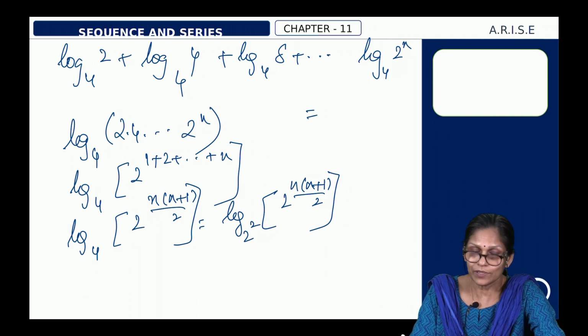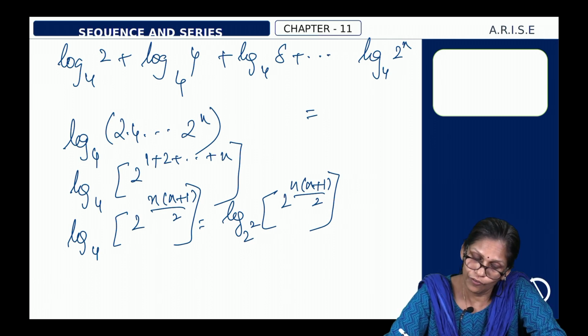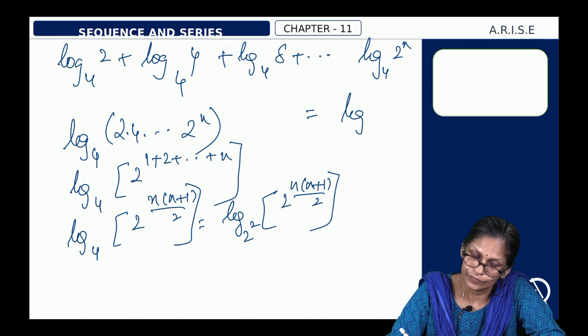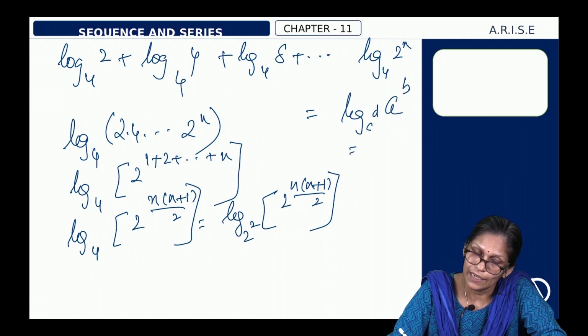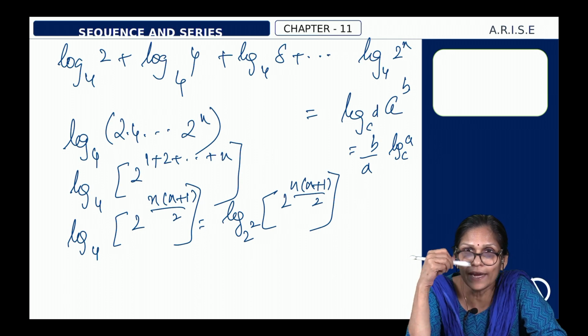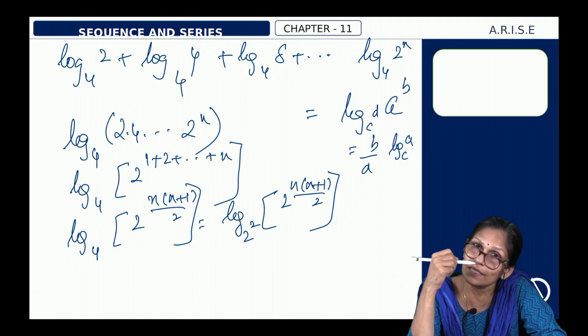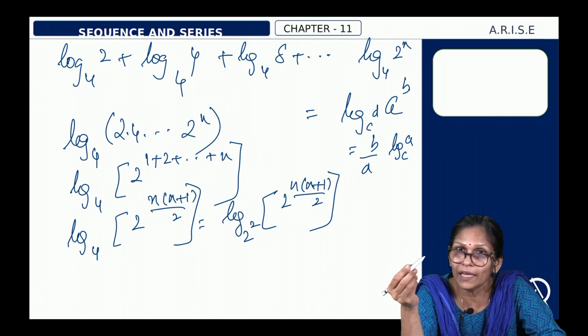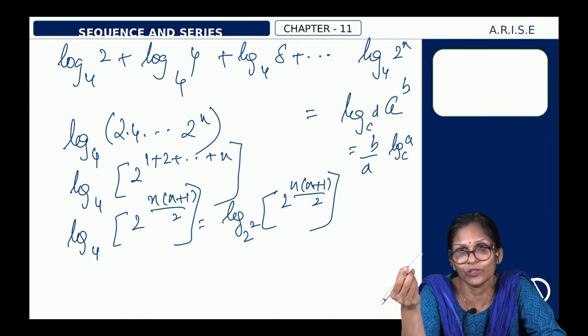Now, how do I proceed? Log of a to the base b, c to the power d is b by d into log a to the base c. This is a property of logarithms. If the base is c to the power d, you will have b by d into log a to the base c.